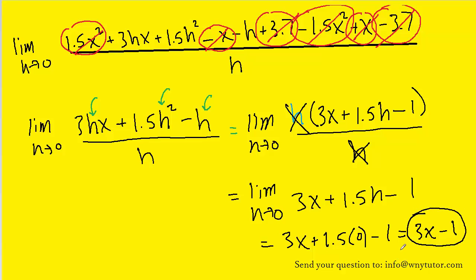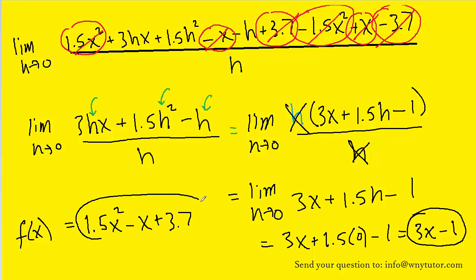We'll notice that both the derivative 3x minus 1 and the original function, which was 1.5x squared minus x plus 3.7, are both polynomials. One of them happens to be a parabola, the original function f of x. The other polynomial happens to be a straight line.